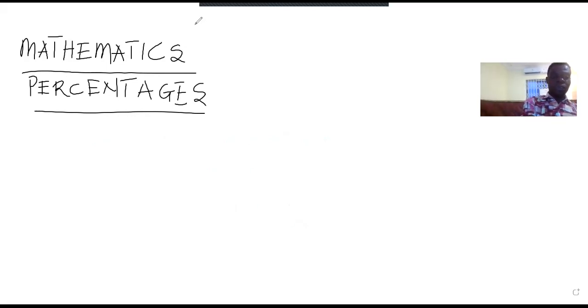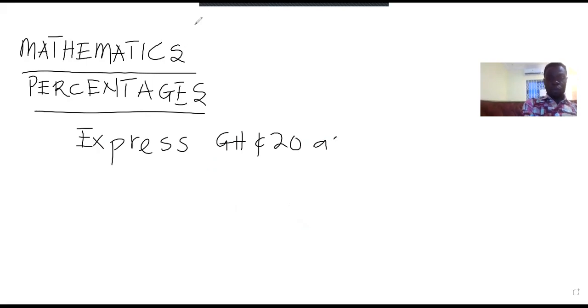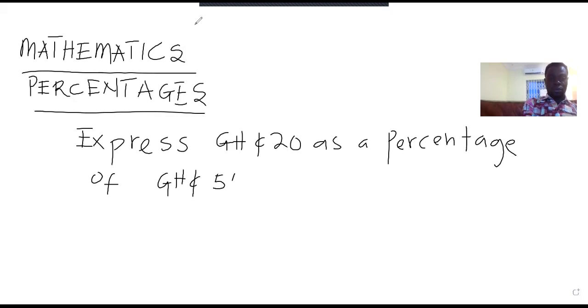So for example, if I ask you to express 20 Ghana cedis as a percentage of 50 Ghana cedis. Good. So express 20 Ghana cedis as a percentage of 50 Ghana cedis.